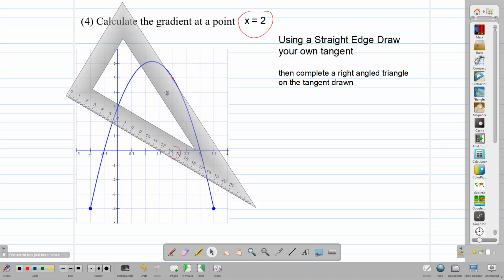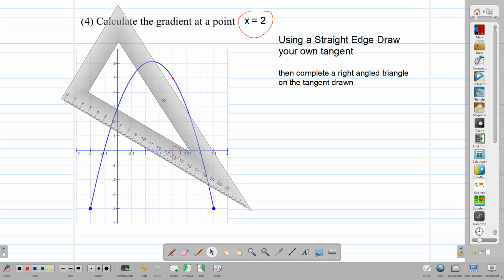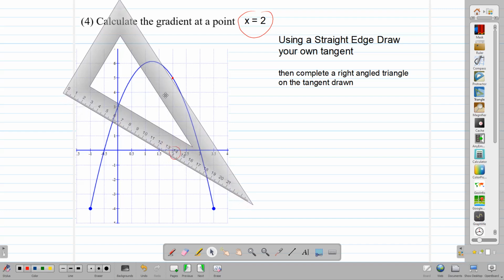You draw a straight line through that point. Notice when you draw your tangent, it should not be that you're drawing the line through here. The tangent should touch the curve at one point. So I'm going to do my best here, so that when I draw my tangent it will be touching that point and that point alone.